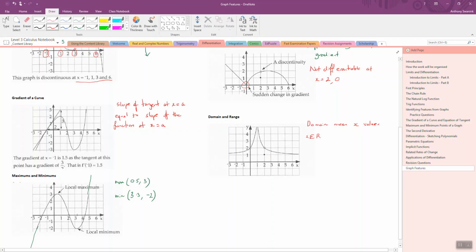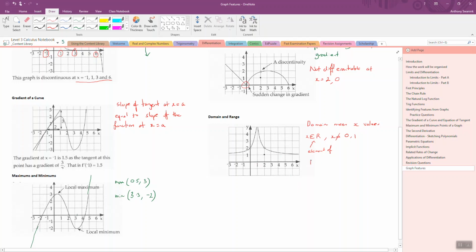That is a funny looking E. It means element of. So x is an element of the real numbers, meaning all the numbers on the number line, but we're going to now exclude some where x is not equal to 0 and 1.